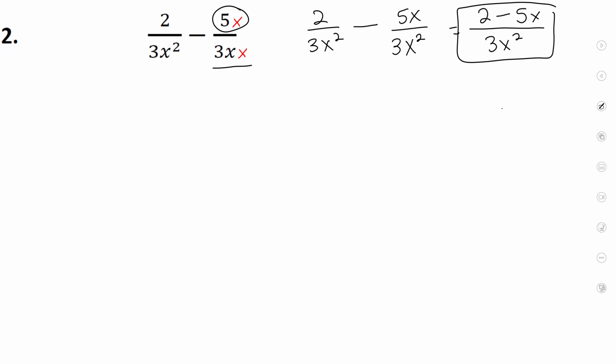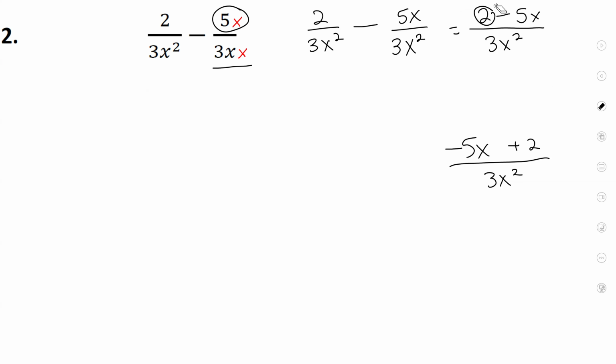Let's put this in order. Normally the x comes first, so it'll be -5x plus 2 over 3x squared. Do you guys see what I did? I just put the -5x in the front, and I put the +2 in the back.